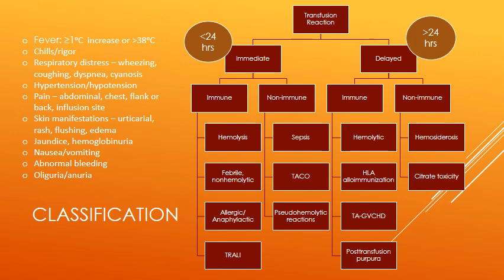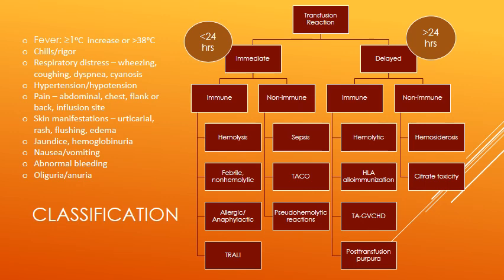Their blood pressure changes, and it can go in either direction, increase or decrease. Any kind of pain, in particular at the transfusion site or in the flank, the lower back side, which is where your kidneys are located.